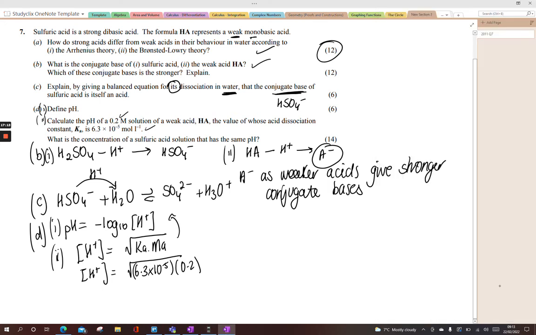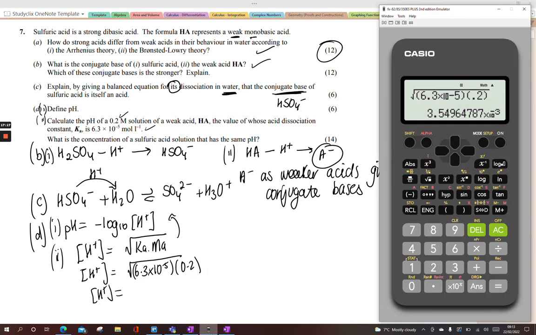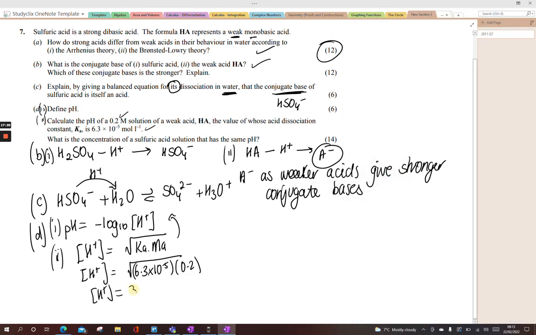Oh, cripes. So H plus there, 3.55 by 10 to the minus 3. Not that bad. And now to work out the pH, negative log to the base 10 of your hydrogen ion concentration, minus log to the base 10 of that monstrosity.